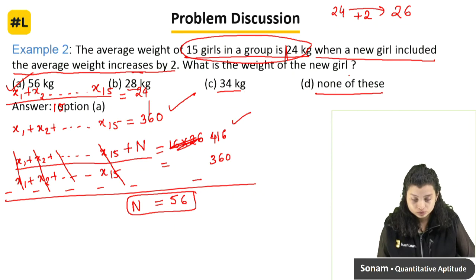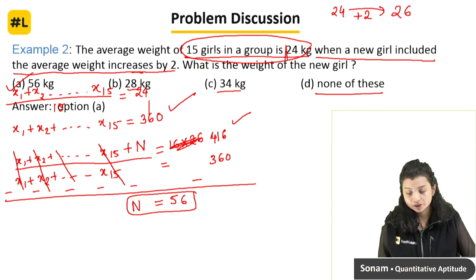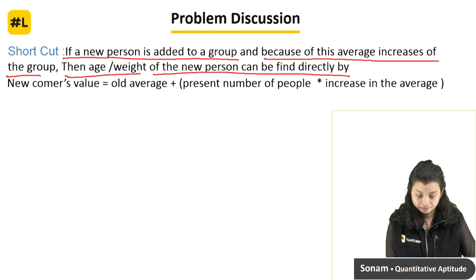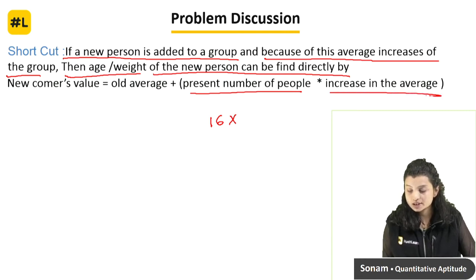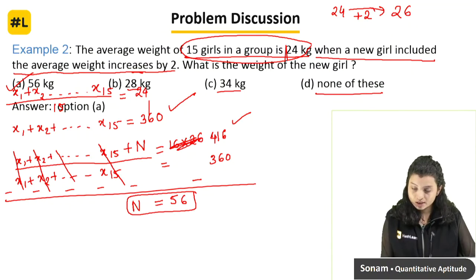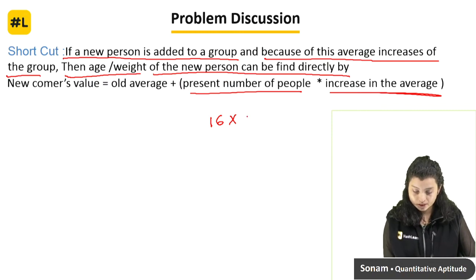So what was the number of people earlier? Number of people earlier is 15. Now the number of people is 16, correct? So present number of people in the group is 16. Increase in the average is by 2, correct? Average weight is increased by 2.